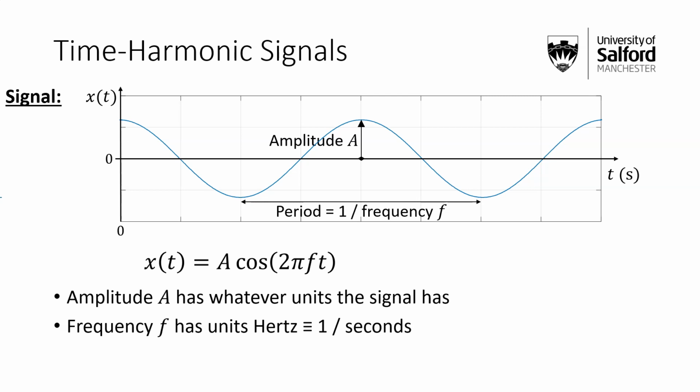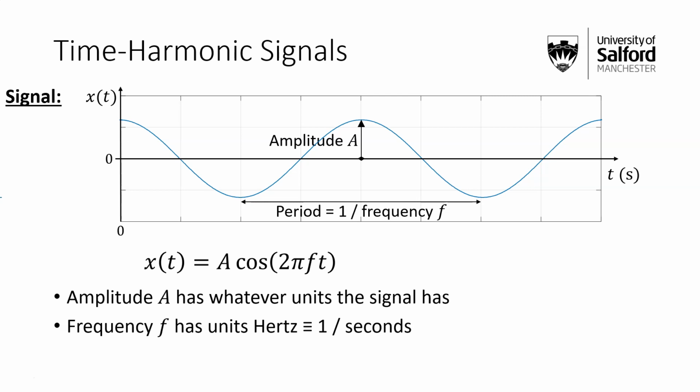And the frequency is the number of cycles per second, so it makes sense that it's 1 over seconds. And you can write sine instead of cos if you wish. Many people do. It makes very little difference to the analysis, as we'll see later on.